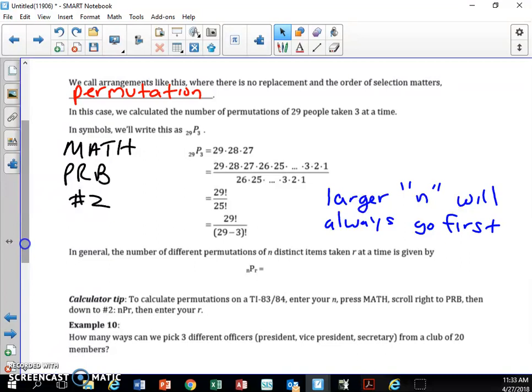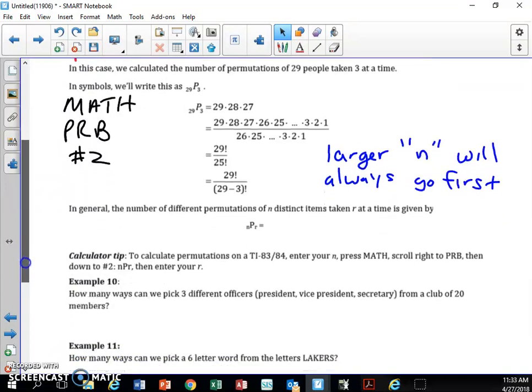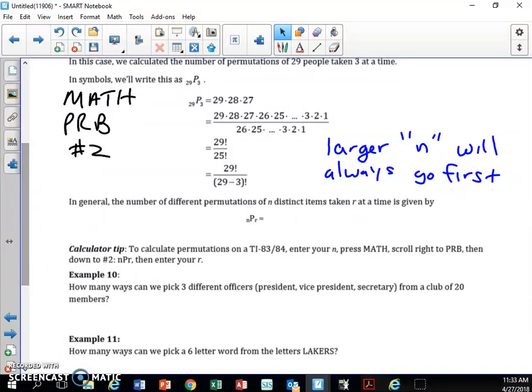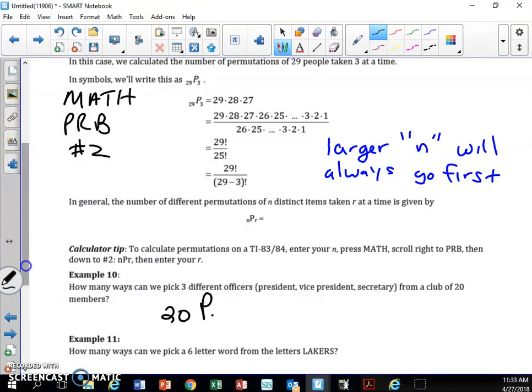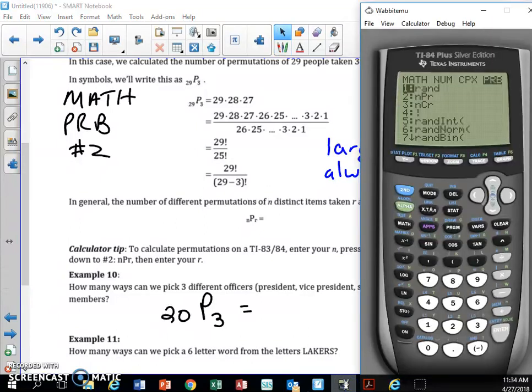So if we want to know how many ways we can pick 3 different officers, president, vice president, secretary, so their rank matters, that makes it a permutation from 20 members. So that's going to be 20. And from those 20, we want 3 officers. So we do 20, 3. And now calculator.